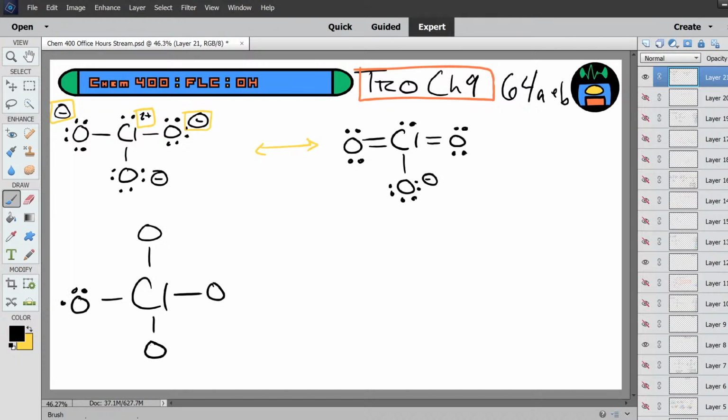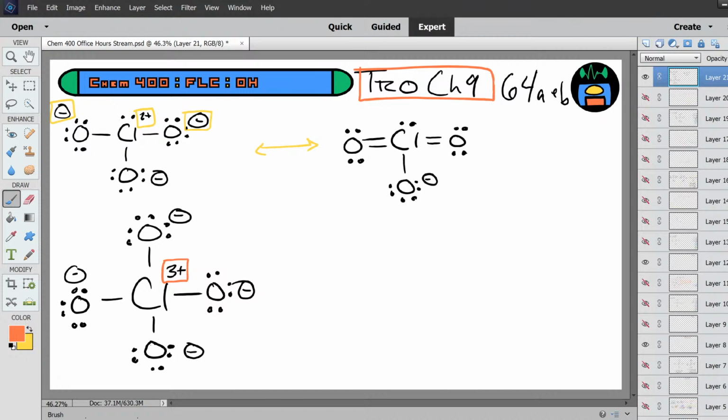Now if you notice this, it will save you time on exams when you're drawing Lewis structures. You'll notice that in this structure we have 4 negatives, and we have a +3 charge on our central atom. Now check this. The previous one, we had a +2. It soaked up 2 of the negatives, and we ended up with 2 double bonds on chlorine. The exact same thing will happen.